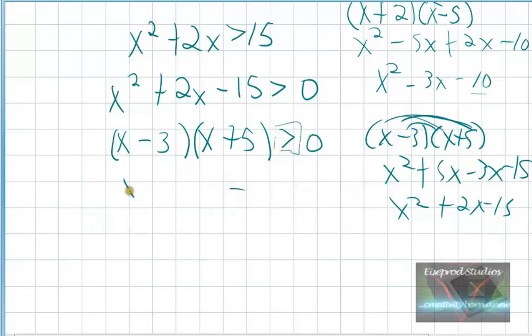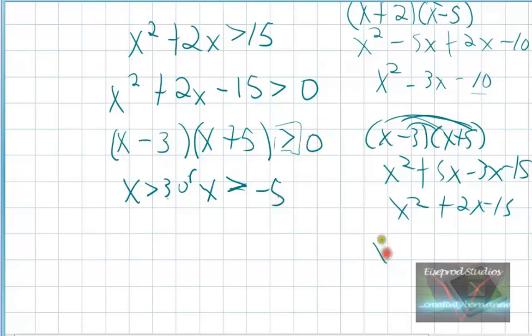So x is going to be greater than 3, and x is going to be greater than negative 5. Basically what I did was I changed the sign. Instead of negative 3, it became positive 3. Instead of positive 5, it became negative 5.